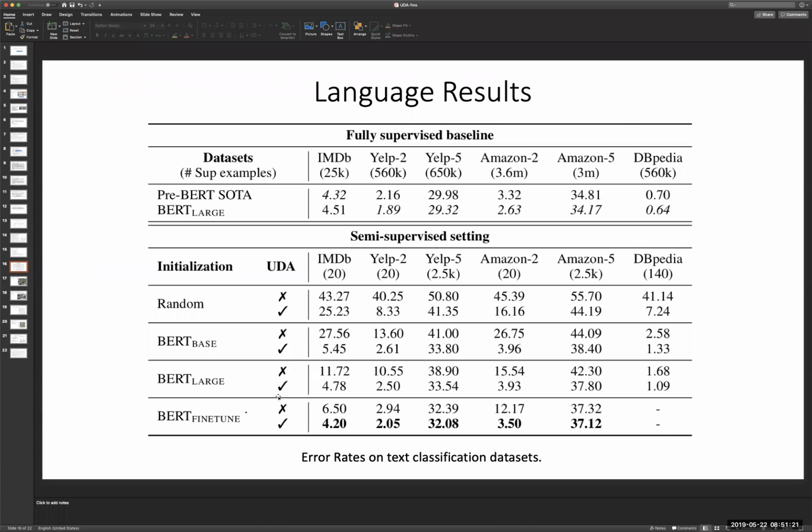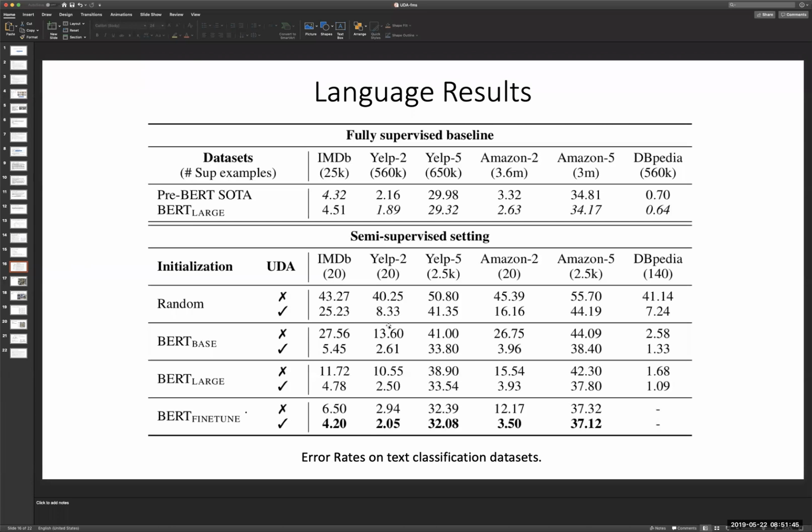But using UDA and taking advantage of the unlabeled data, we can significantly lower the error rate to 4.78%. And finally, BERT fine-tuning, which is specific to this data set, lowers it even more to 4.2% error.